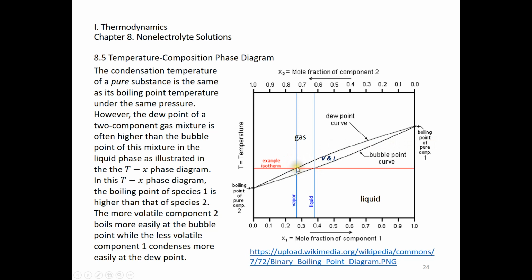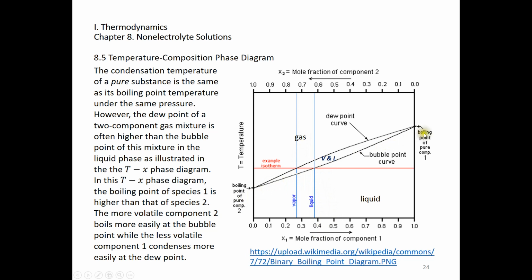It goes from 0.27 in the gas phase to 0.38 in the liquid phase. And this is one way to purify one of the two components in a mixture in industry. It's usually pretty cheap to form the gas mixture and lower the temperature, and then we can, in this case, enrich component 1 in the liquid phase.